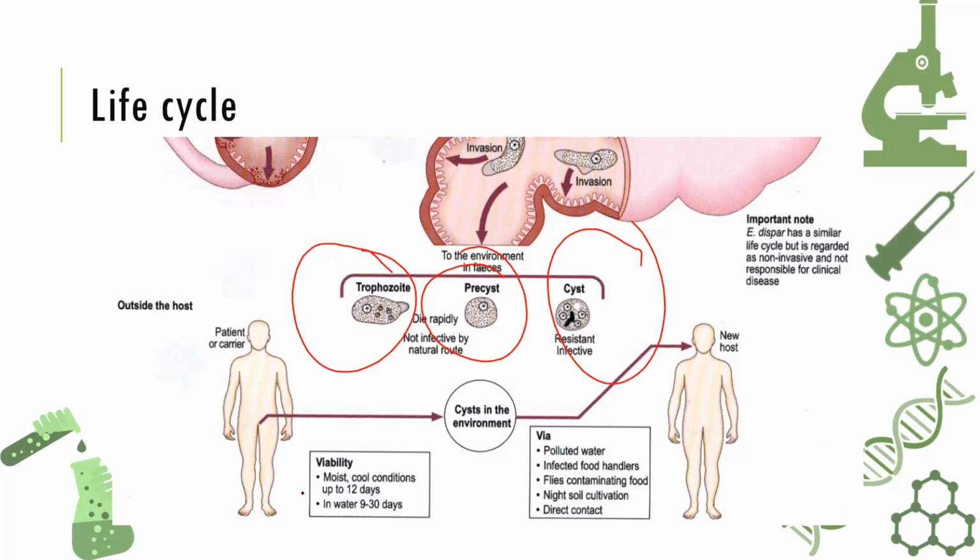But what is the difference? Entamoeba dispar is non-invasive. Entamoeba dispar is not capable to cause clinical disease. And take note of this. Entamoeba dispar is almost similar to our Entamoeba histolytica. Okay?